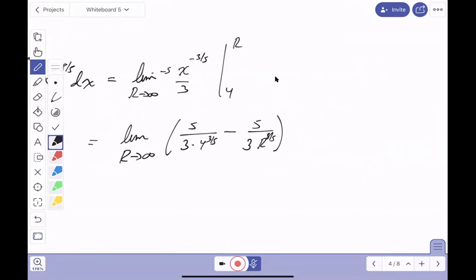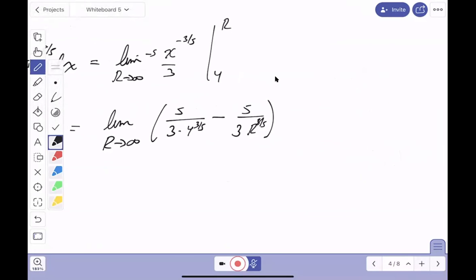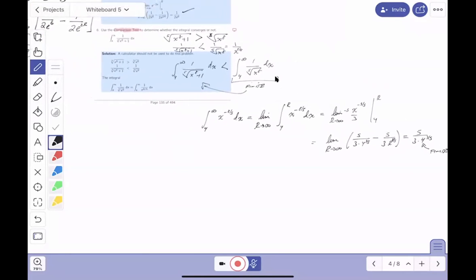All right, can I do that limit? I can. And kind of looking at it, that limit's going to be finite, and it's going to be 3 times 4 to the 3/5. Again, this is a finite number. So what I know about the comparison test is convergent.